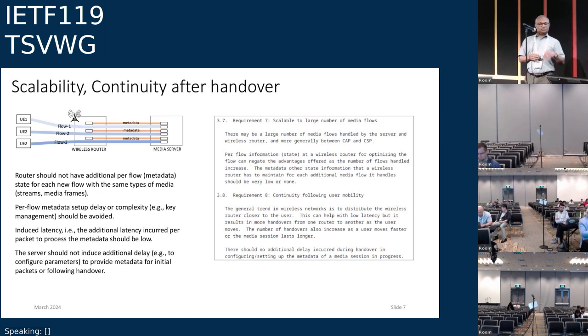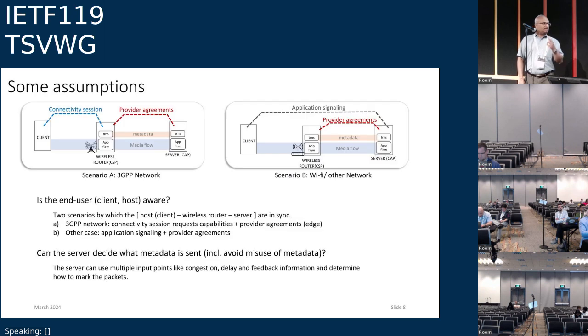It should also need only a minimal amount of state information so that the router can handle all of this effectively. And after handover, it should not take a certain amount of time to reconfigure all of this information, so we've put it as induced latency after a handover. These are the other set of requirements that we have. Those are the requirements on the next slide, if we can go there.